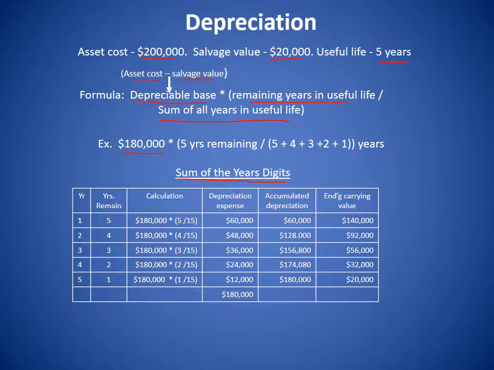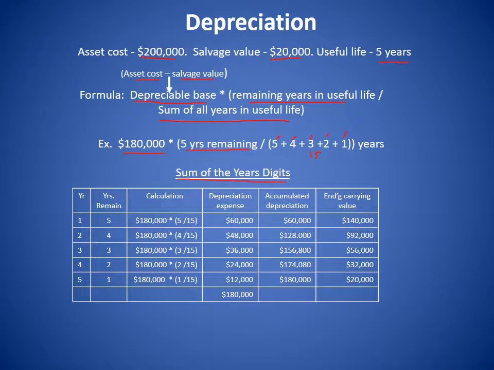That's going to be multiplied times the following fraction, and that's going to be the 5 years that are remaining, since this is our first year in depreciation, divided by the sum of the year's digits, which equals 5 plus 4, that's 9, plus 3, that's 12, plus 2, that's 14, plus 1. So this number will be 15. And in effect, it's going to be the 180,000 times 5 divided by 15.